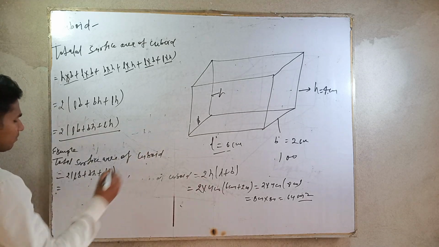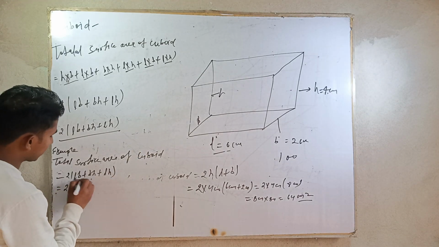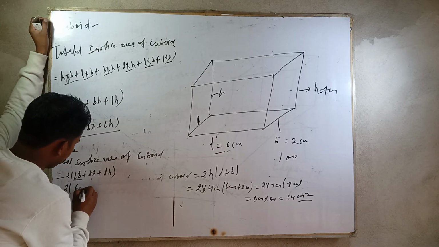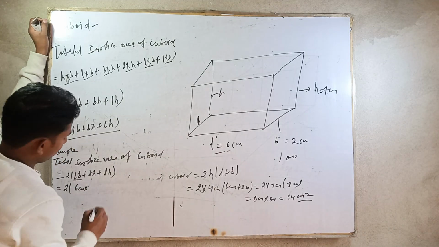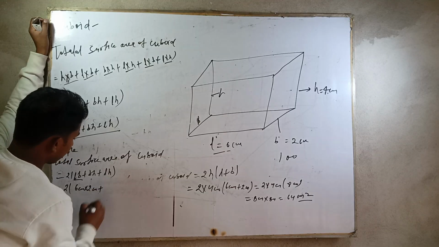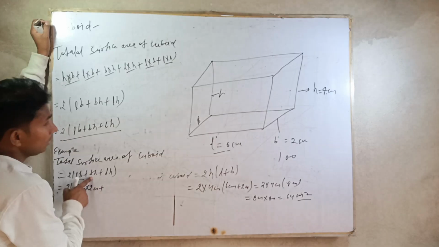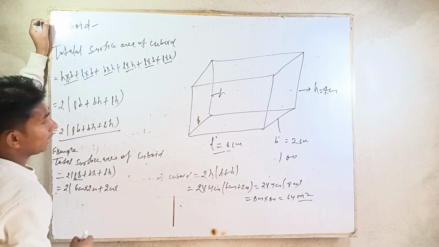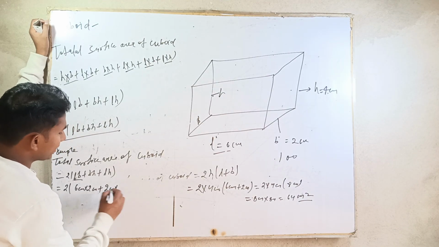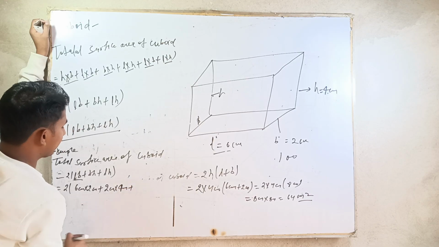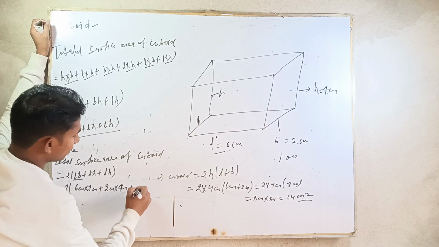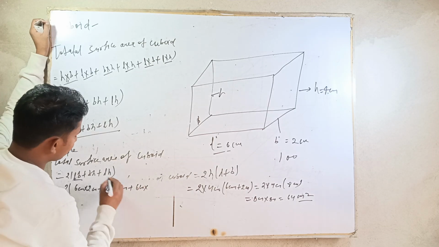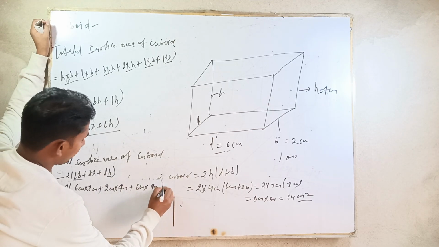If I replace the values, I will see that length is 6 centimeter and breadth is 2 centimeter. Again, breadth is 2 centimeter and height is 4 centimeter. Again, length is 6 centimeter cross the height is 4 centimeter.